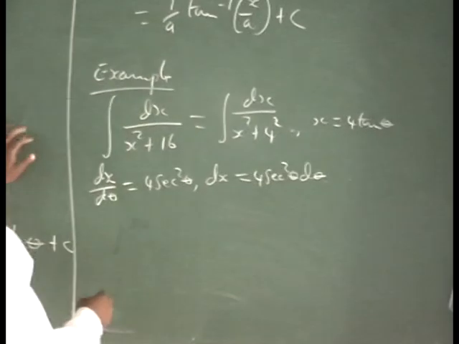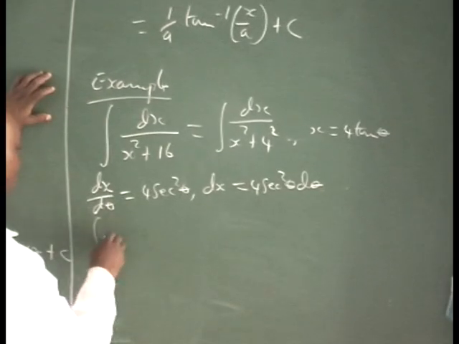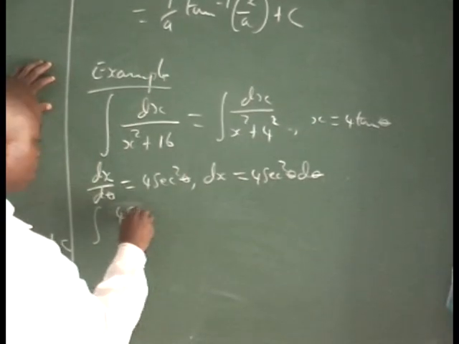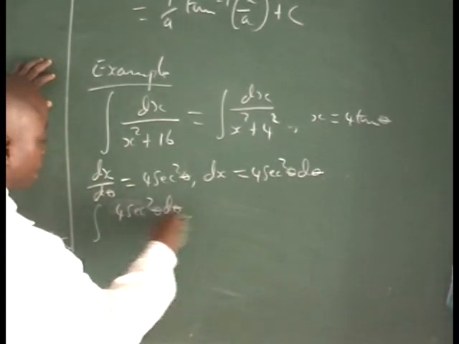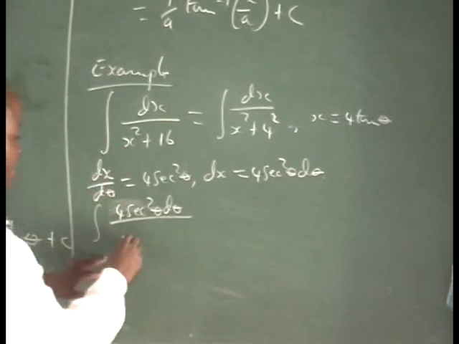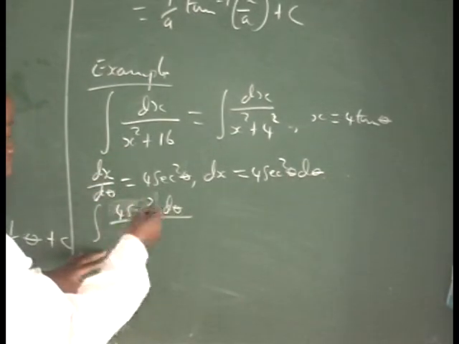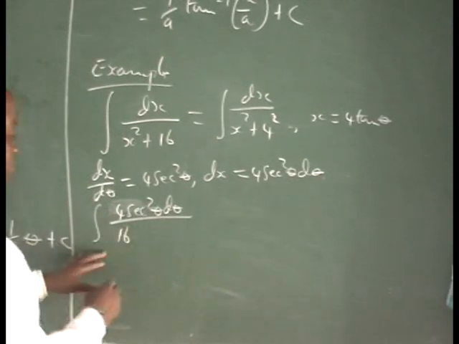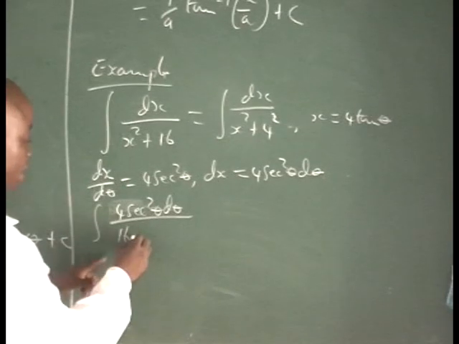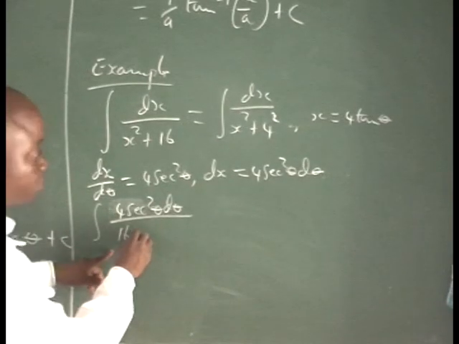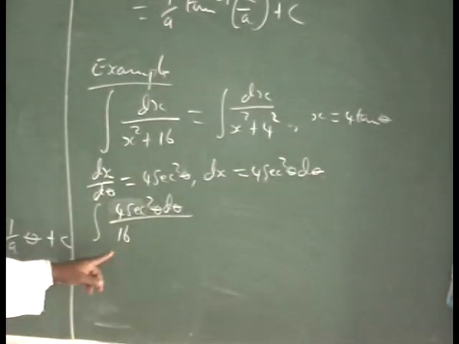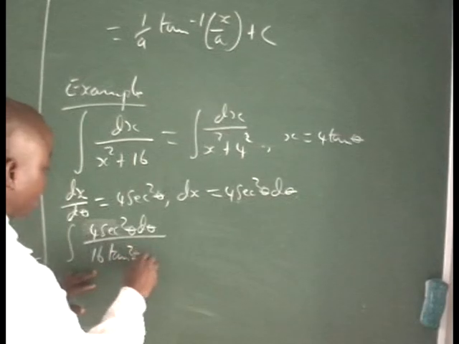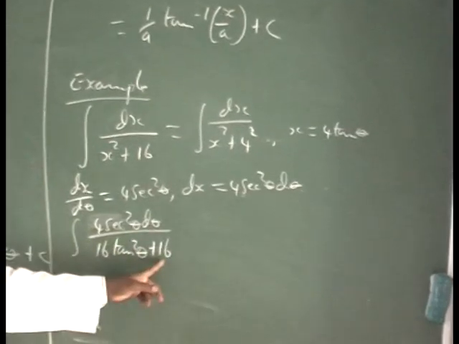And now we have the integral where dx is 4 sec squared theta d theta all over 4 squared, which will give us 16, and then we have tan squared theta plus 16.